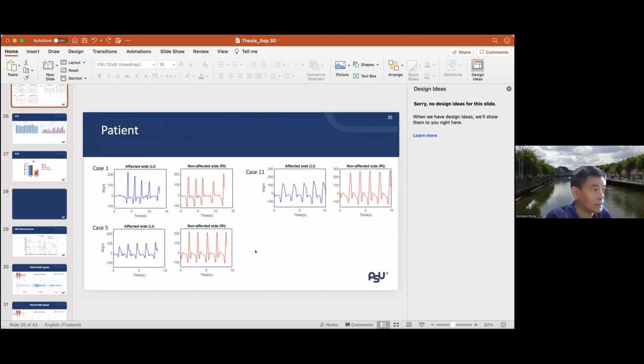I think we can leave it here for you to think about. Then you can come back to us for another discussion, or through email or whatsoever. And I think we really need you to plot the same graph for the stroke patient. Then you can have a better view.